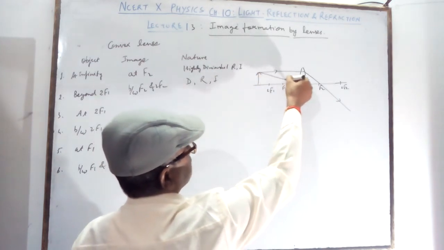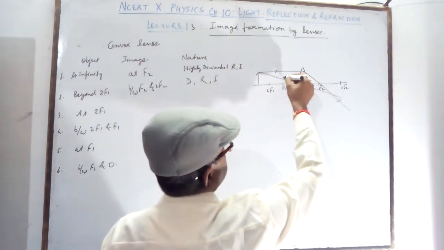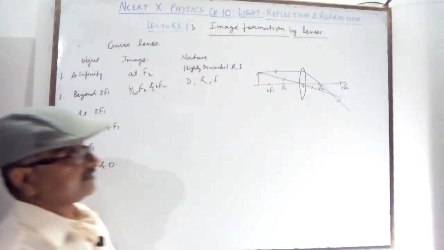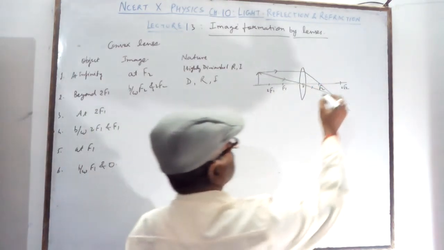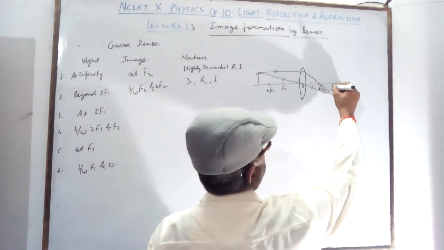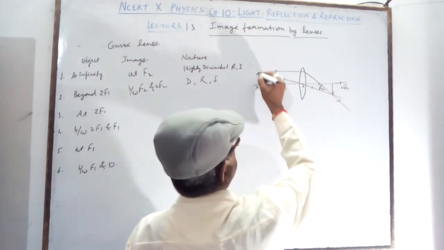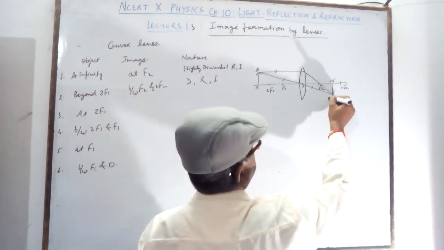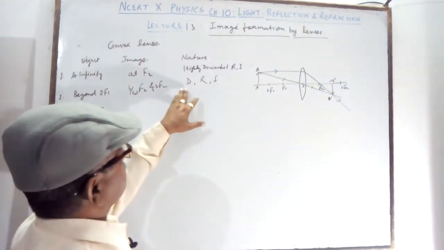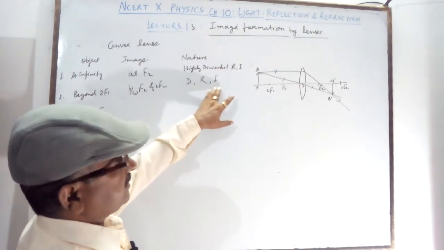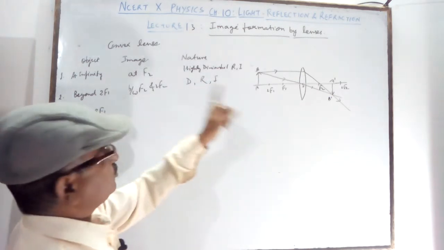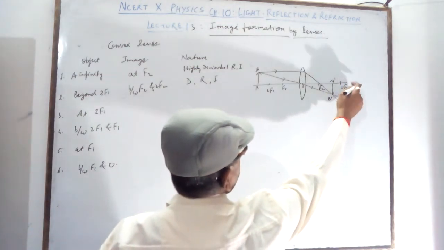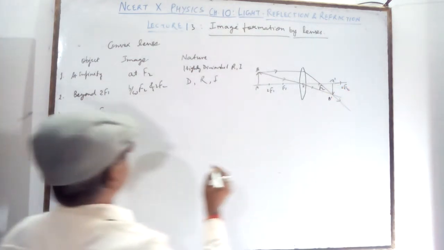Another ray goes like this, and here they intersect. The ray through the optical center goes without deviation. So you get the ray here. If the object is AB, then you get A dash B dash. The image is formed diminished, real and inverted, between F2 and 2F2.